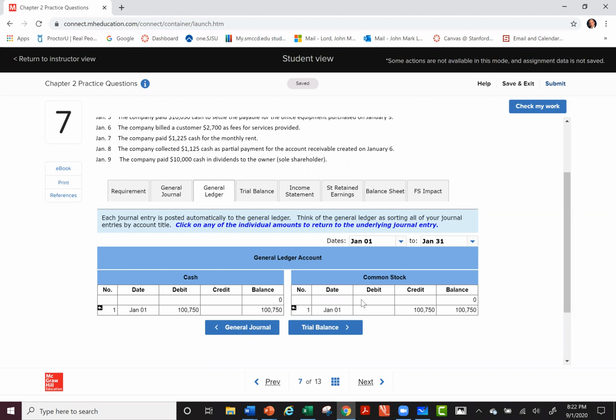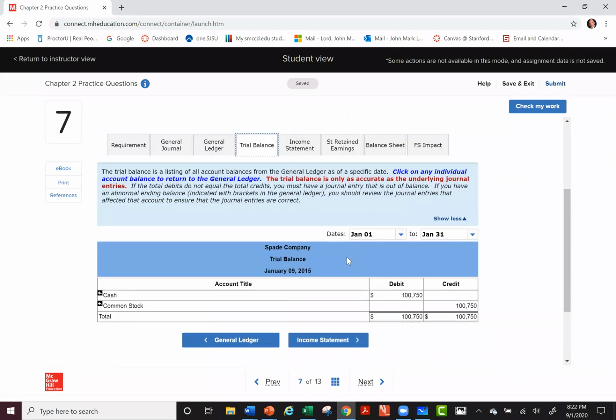Okay. Now, they have this thing, trial balance, and the idea of a trial balance is a little old-fashioned, in that a trial balance used to mean a lot more when there was a chance that I would accidentally put a different amount in for my debit and credit on a transaction.